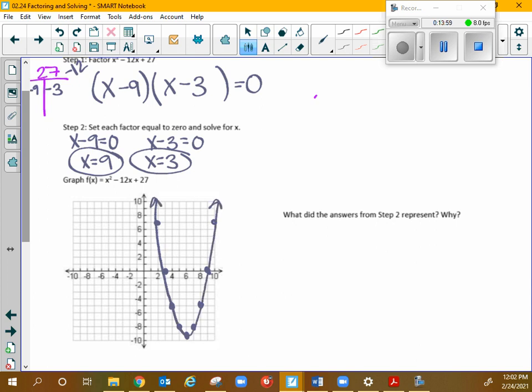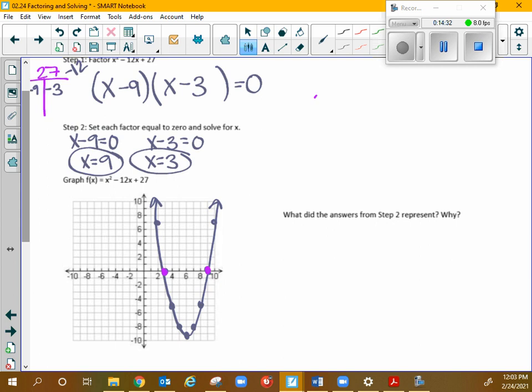Is there any connection between that parabola and the answers that you just got? Is there any significance to a 9 and a 3? I heard something about a 0. Yuta, what did you say? The y value is 0. They're my x-intercepts.